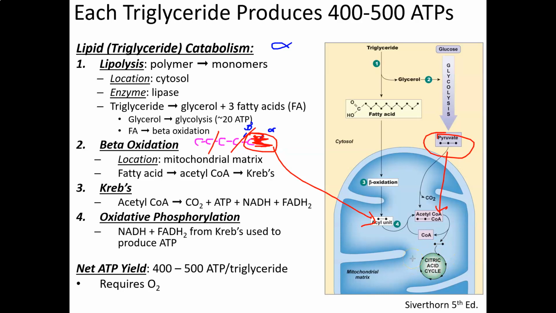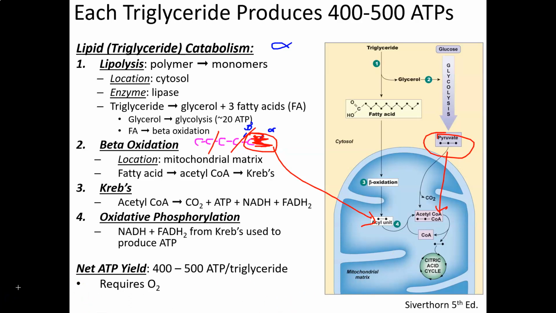You get 2 CO2s, 1 direct ATP, 1 FADH2, and then 3 NADHs, right? So for every 2 carbon unit you chop off in beta oxidation, you get 12 ATP total, and then 2 CO2.